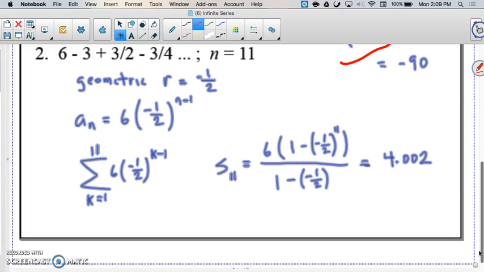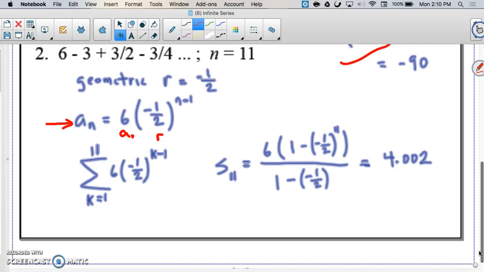So hopefully you used that geometric series we found last class. So starting off, we just found a_n. So we've got the a_1 and the rate, our common ratio. Then we put it together with the summation.